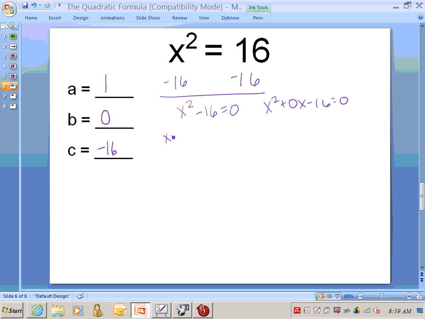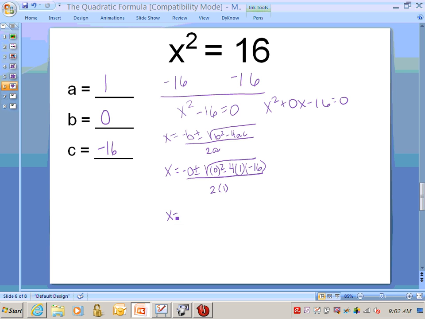So my formula was x equals negative b plus or minus square root b squared minus 4 times a times c all over 2 times a. Go ahead and work that out. Alright, so I've got x equals negative 0 plus or minus square root, all over.